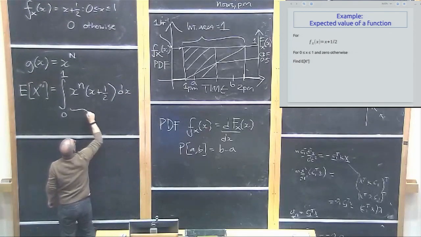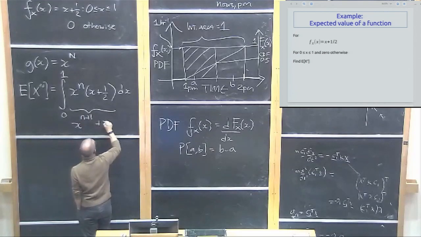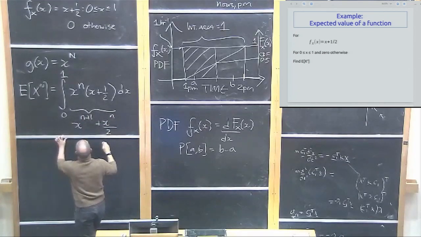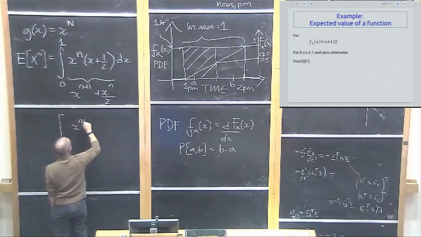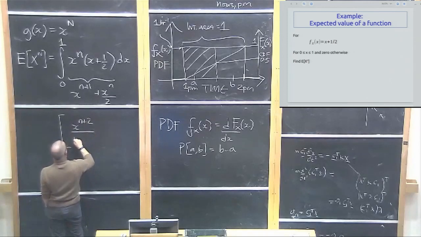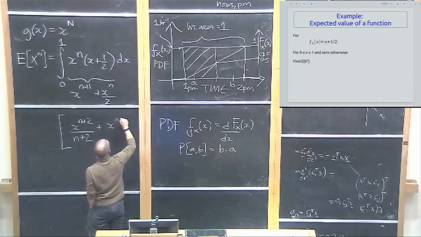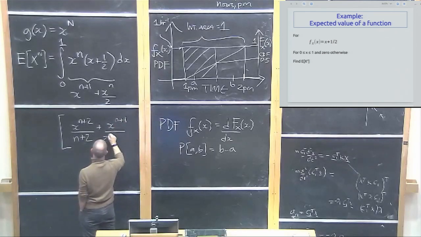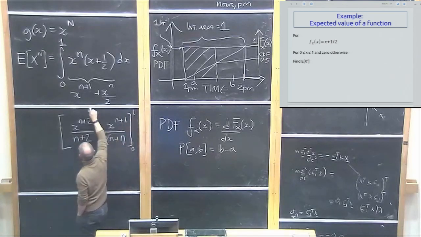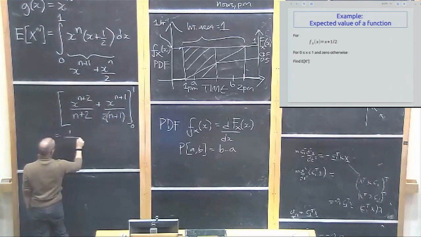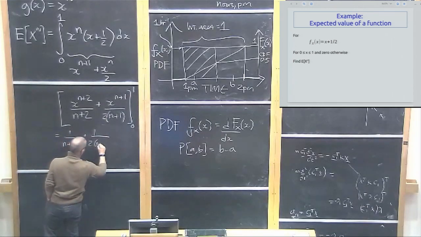So that equals x to the n plus 1 plus x to the n over 2. This then equals x to the n plus 2 over n plus 2 plus x to the n plus 1 over 2 times n plus 1, integrated between 0 and 1, which equals 1 over n plus 2 plus 1 over 2n plus 1.